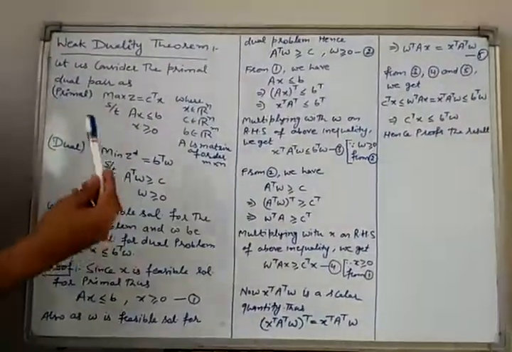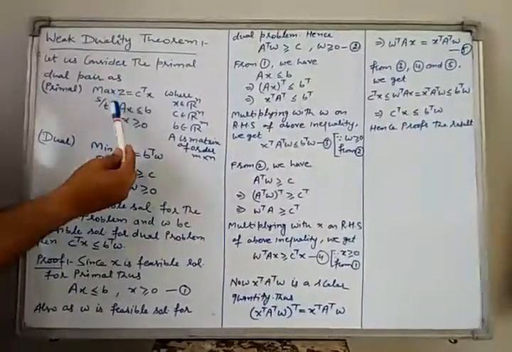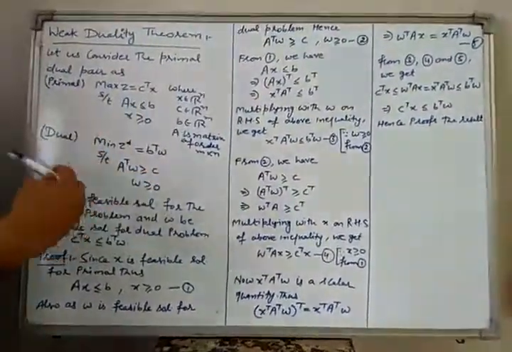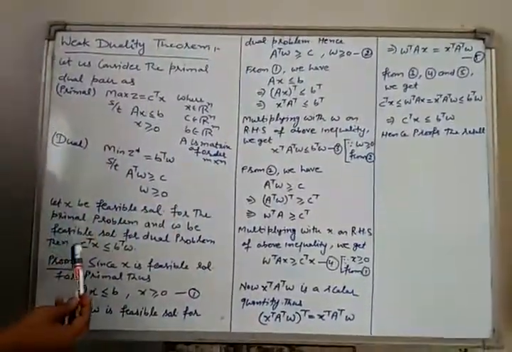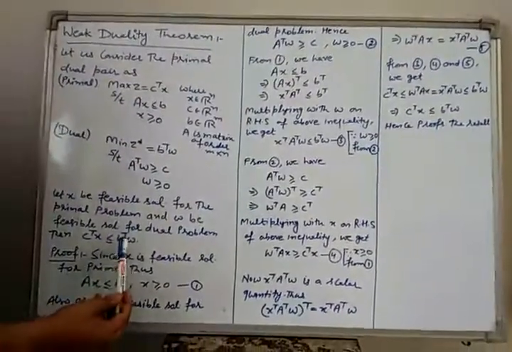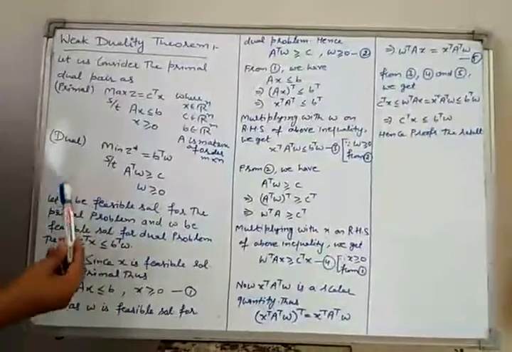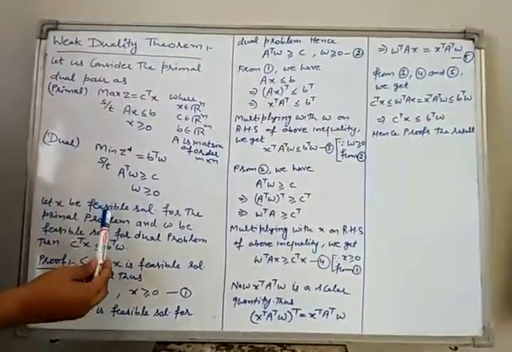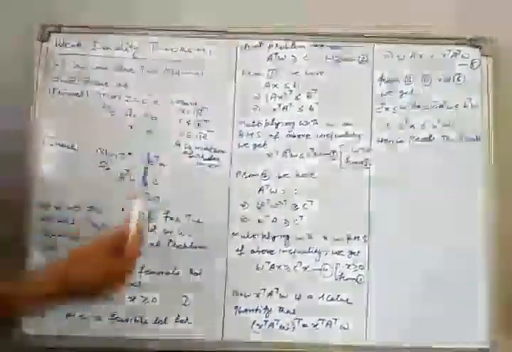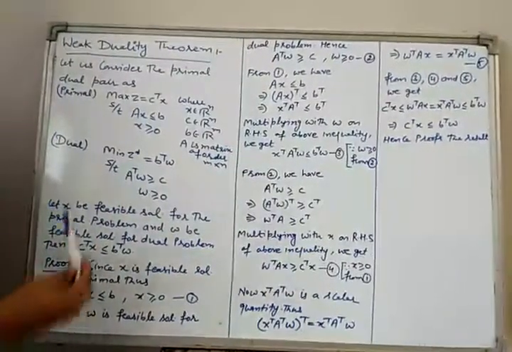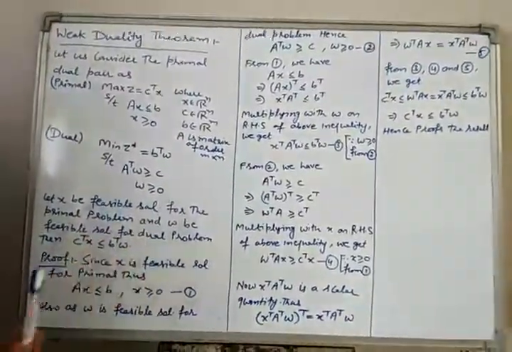Then the objective function value of the maximization problem can't exceed the objective function value of the minimization problem, that is C transpose X is always less than or equal to B transpose W. The important thing is that this theorem corresponds to feasible solutions of both the problems. For feasible solutions of both problems, the maximum value of the problem can't exceed the minimum value of the problem.